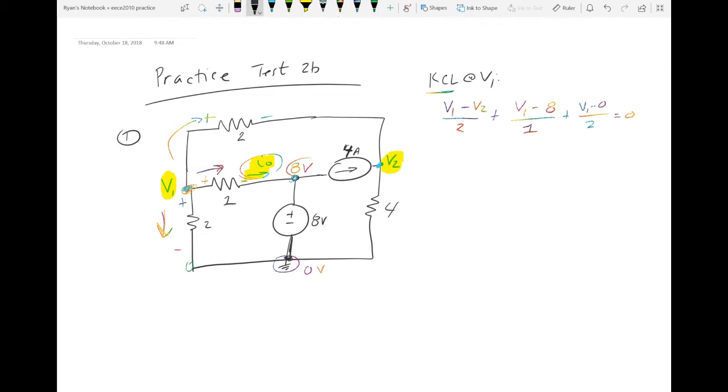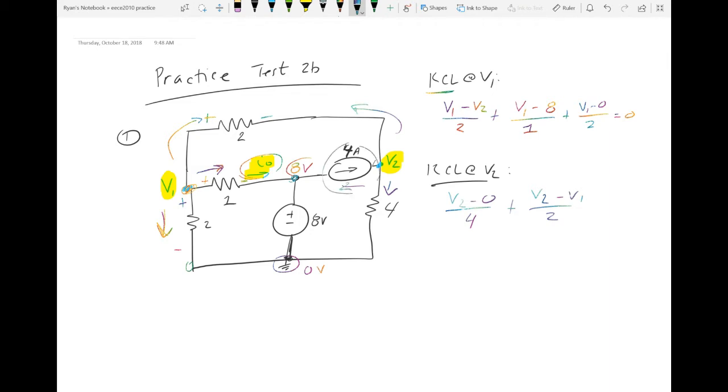Okay. Second equation, KCL at the voltage node over here, V2. If we look down, we have V2 to the ground over 4, plus up this way is going to be V2 minus V1 over 2. And then finally, the current here is actually set by this current source.